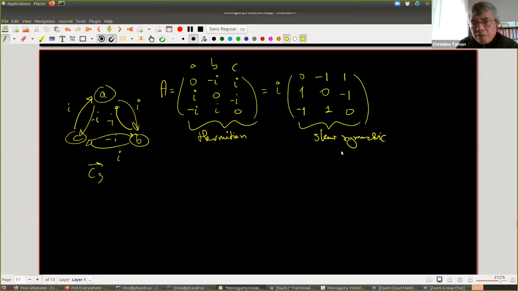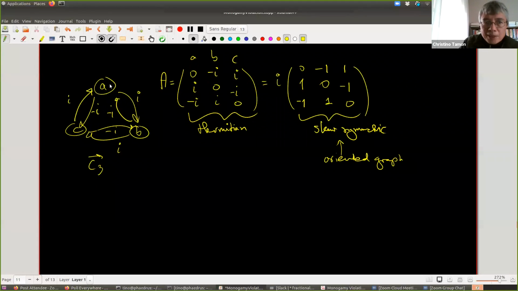So in some sense, you can view this skew symmetric structure as the oriented structure, right? Oriented graph. So what's interesting about this example, as Sabrina mentioned, is that there is PST. PST exists between every pair.